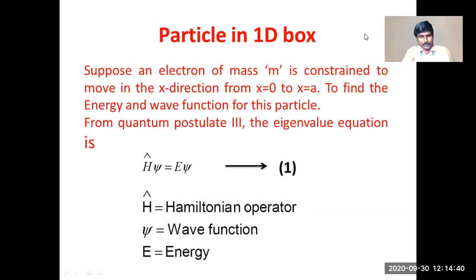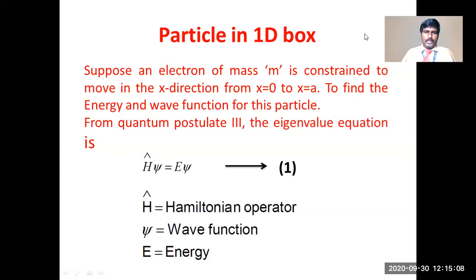As I told you already, we have standard quantum postulates. From the quantum postulates, quantum postulate 3 tells us H psi equals E psi. This is the Schrodinger wave equation. Here H cap is a Hamiltonian operator, an operator, so we keep a cap, and psi is the wave function and E is the energy.